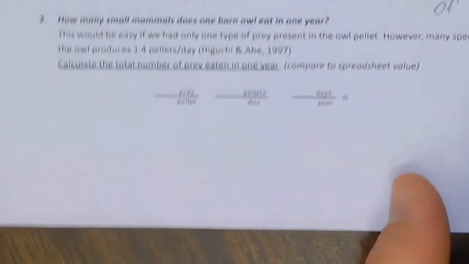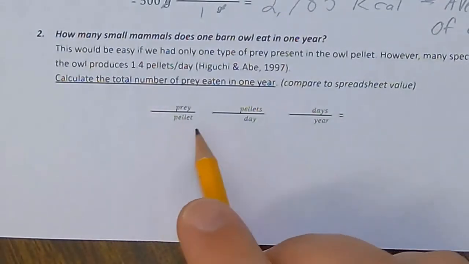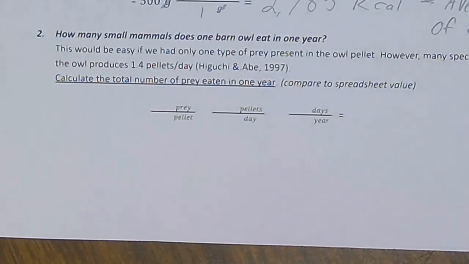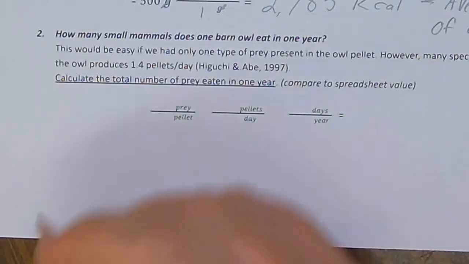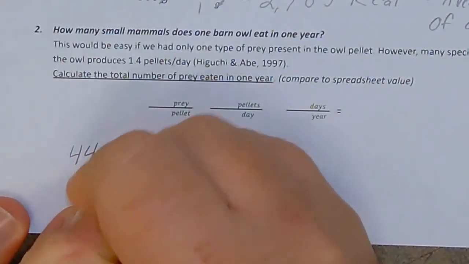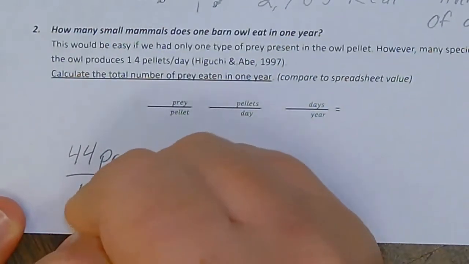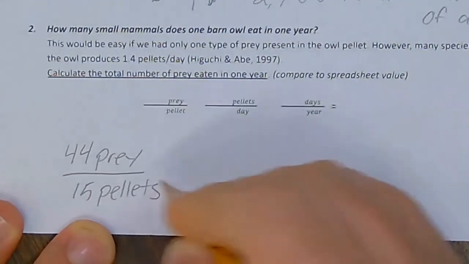Okay, this next one we're going to look at, we need to know the total number of prey eaten in 1 year. Now, as we look at this, we have prey per pellet. You could set this up two ways. You could do 44 prey per 15 pellets, right?